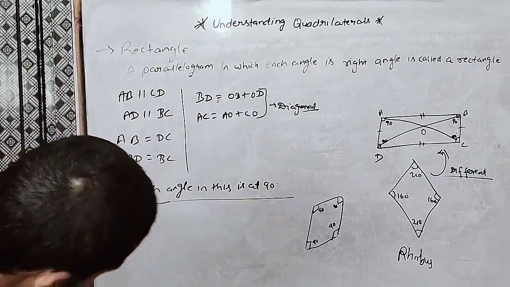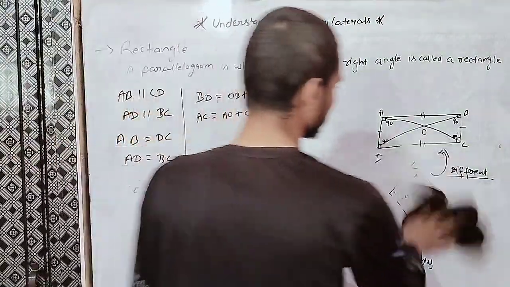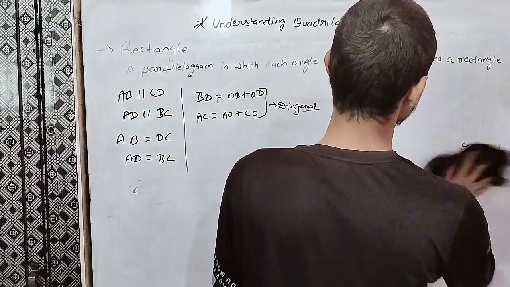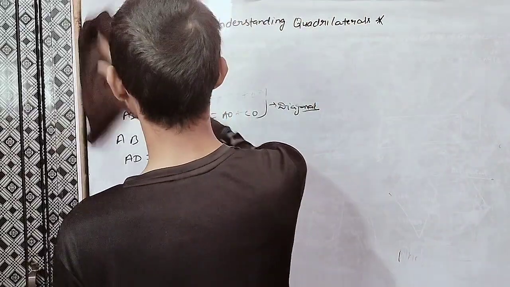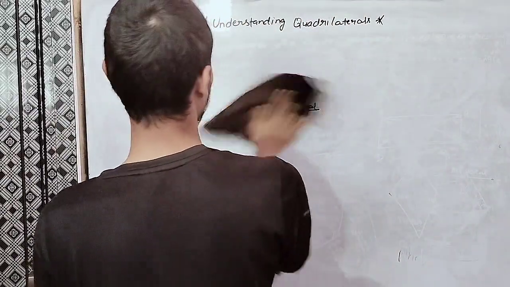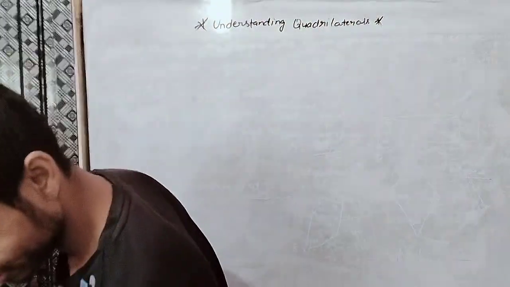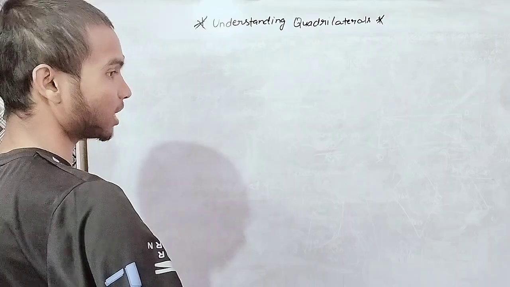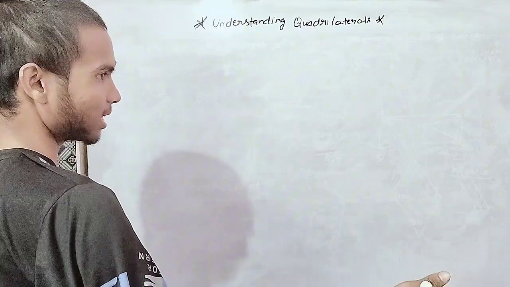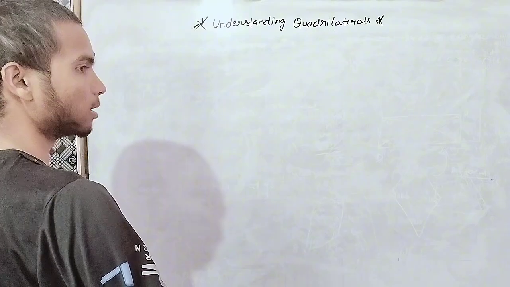Now it's time to understand the square. The square is very, very easy. A square has four sides equal to each other, and each angle is 90 degrees. That's it.